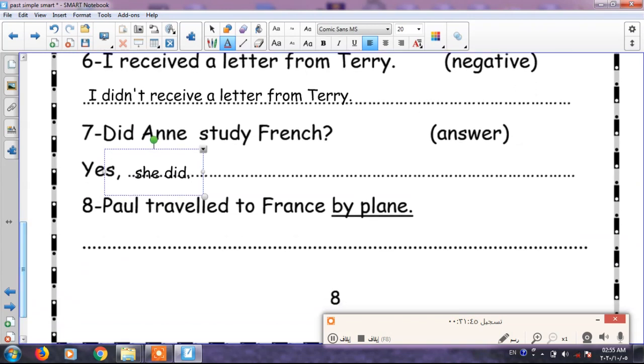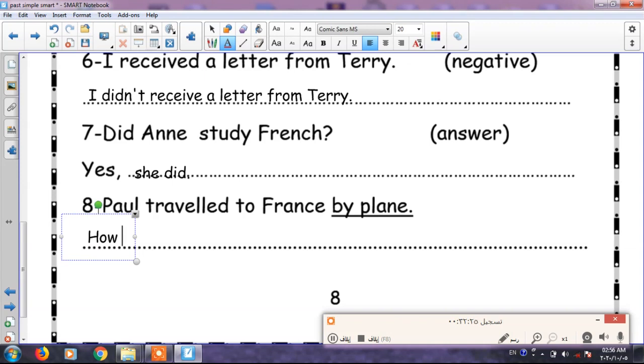The last one, Paul traveled to France by plane. And here also he wants me to make a question. And here he asks about what? He asks about the way of traveling. If I want to ask about the way of doing something, I will use how. So I will write how, and after the question word I will put did.